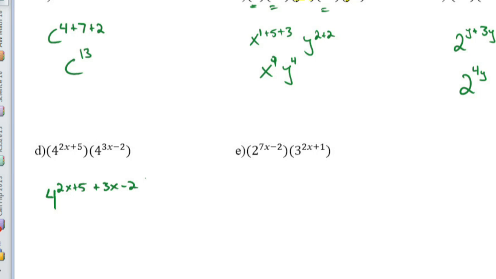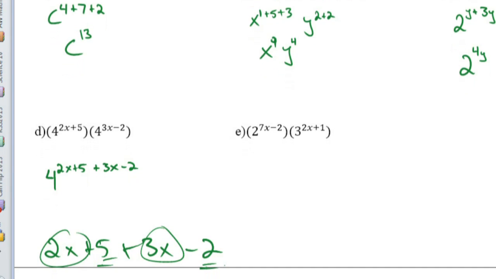When I have x's and integers in my exponent, I can simply combine like terms, just like I would if I gave you the question 2x plus 5 plus 3x minus 2, and I said simplify. You'd say, okay, I have 2 x's, I have another 3, that means I have 5. I have this 5 and minus 2, that gives me 3.